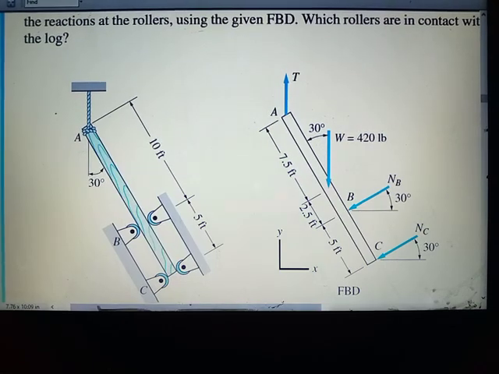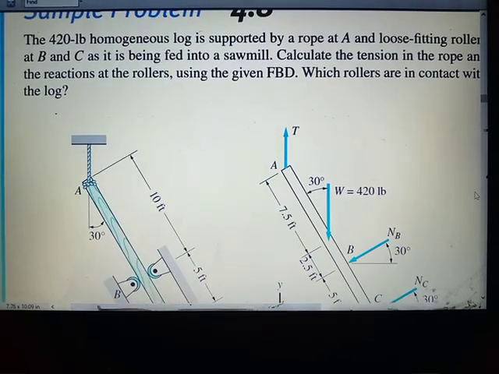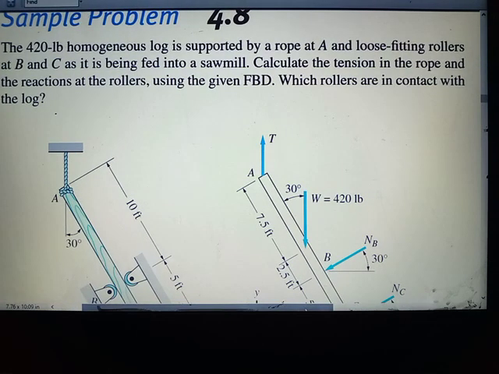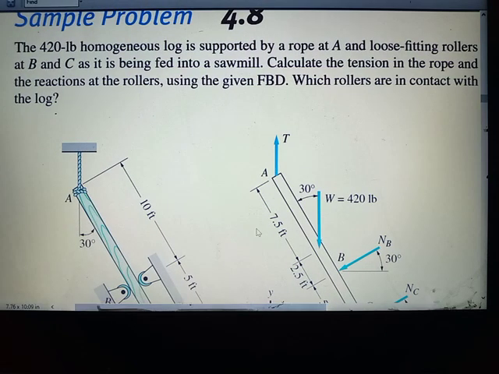So looking upon this problem, a 420 pounds homogeneous log is supported by a rope at A and loose fitting rulers at B and C as it is being fed into a sawmill. So calculate the tension in the rope and reactions at the rulers using the given free body diagram. So which rulers are in contact with the log?